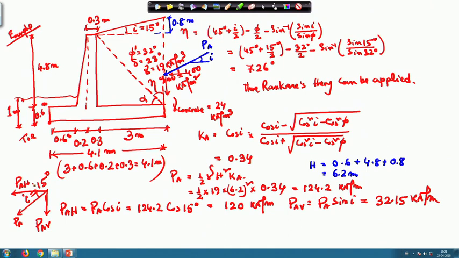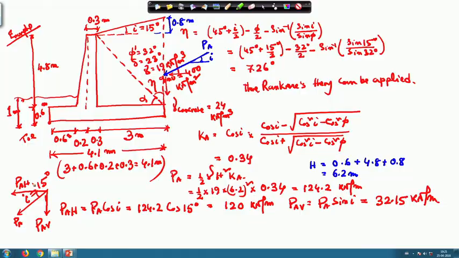So, these are all the forces I have calculated. The next task is to calculate the moments, and again we will do the checks. That checking we will do in the next class.